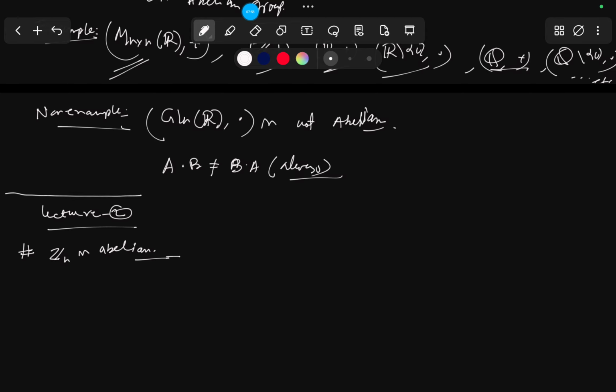So let's say we take a bar modulo addition b bar.